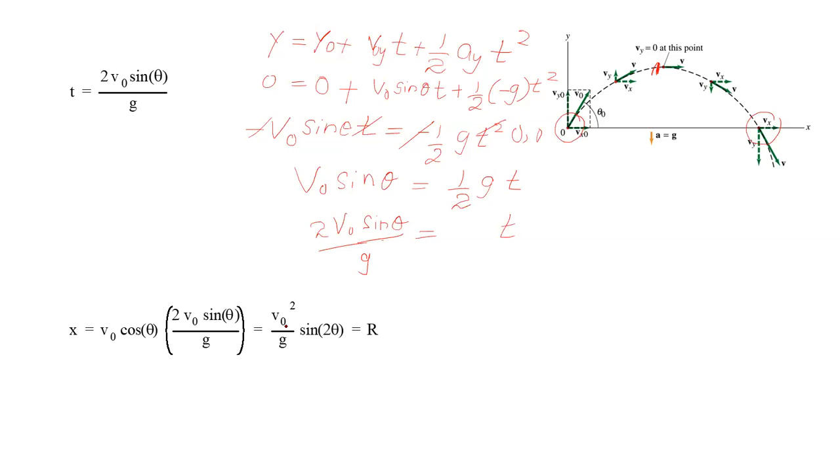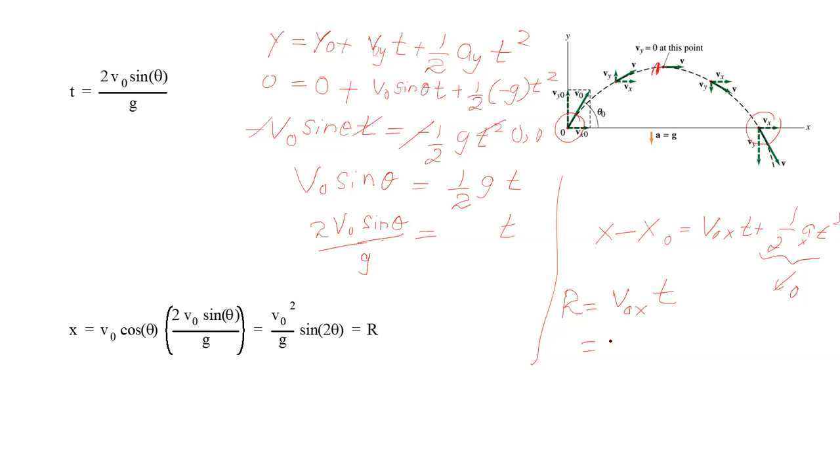Okay, the next one, range. From here to here, range. x minus x naught is v0x t plus half a_x t squared. So this term is gone, right? a_x is 0. x minus x naught we call range R. You can leave it as x minus x naught is equal to v0x t.